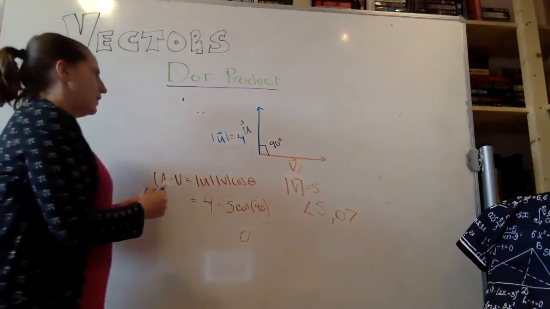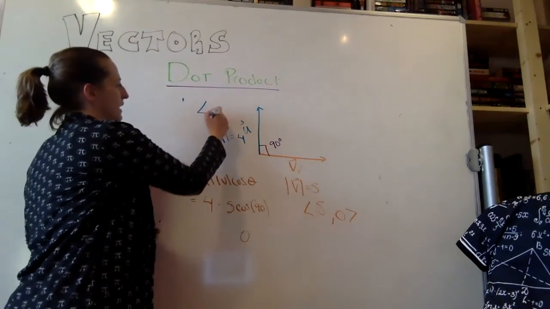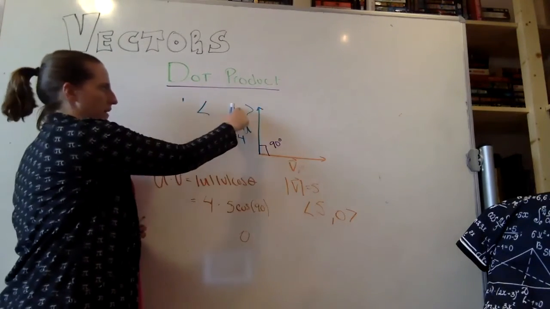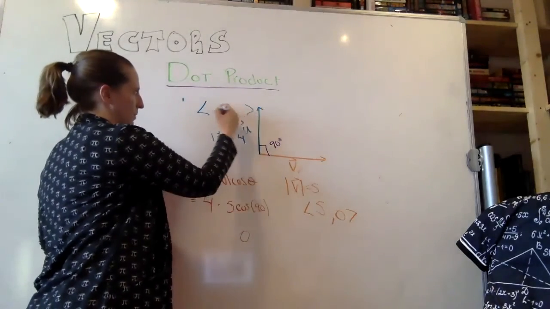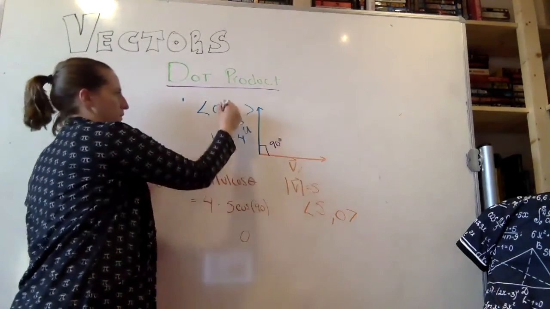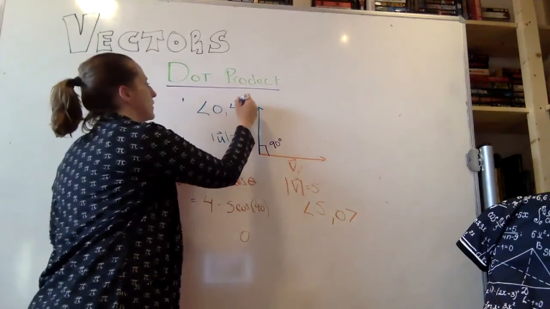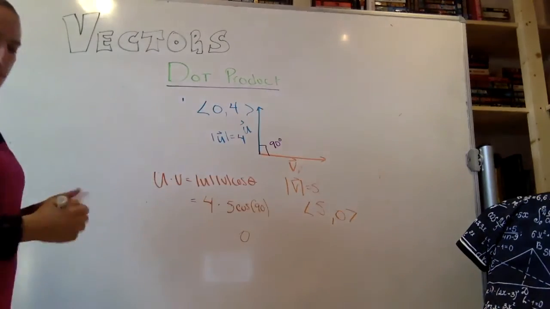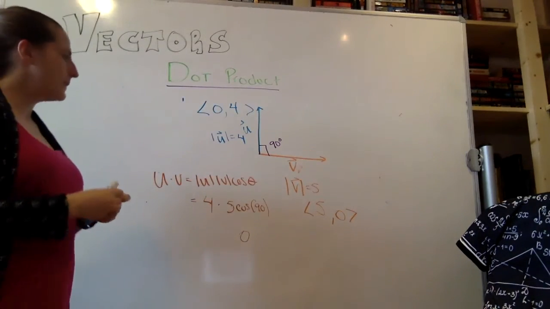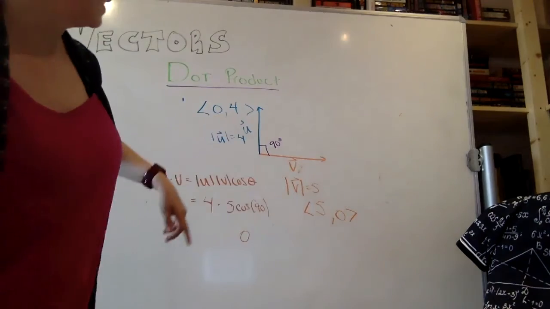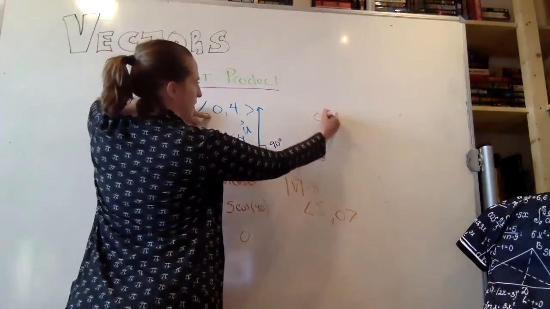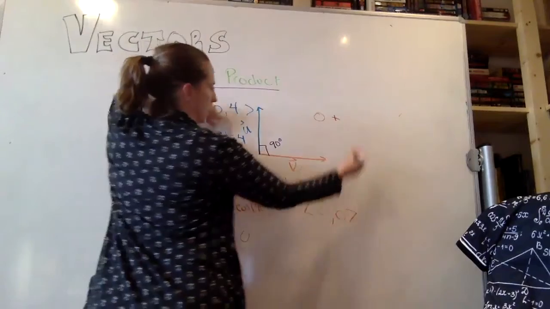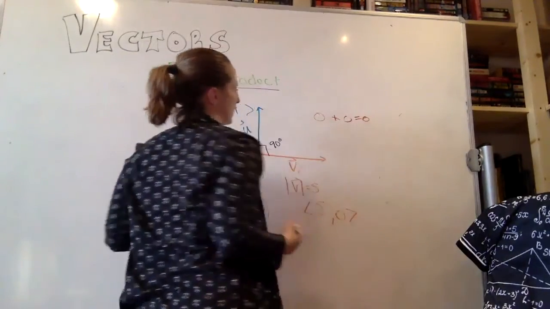It doesn't go left or right. U, on the other hand, only has a vertical component too, according to the picture: its horizontal component is 0, its vertical component is 4. If I do the dot product of 0, 4 with 5, 0, I'll do 0 times 5, that's 0, plus 4 times 0, that's 0, which is 0.